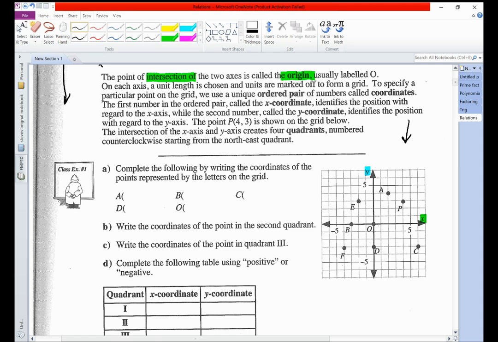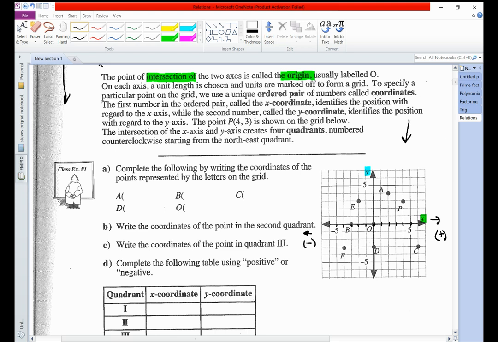Starting from the origin, which is 0, as we move to the right on the x-axis, we are getting more positive: positive 1, positive 2, positive 3, positive 4, positive 5. As we move to the left, it's negative: negative 1, negative 2, negative 3, negative 4, and negative 5.